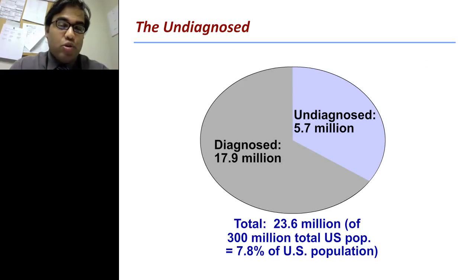So close to probably about now 10% of the United States population, there's a little bit of older data that I'm showing here, has diabetes. The bulk of those individuals have type 2 diabetes.